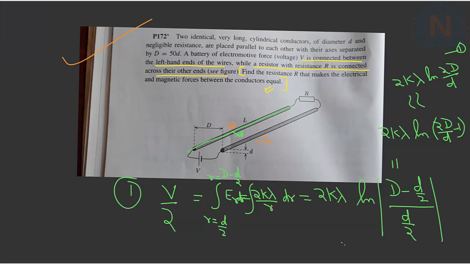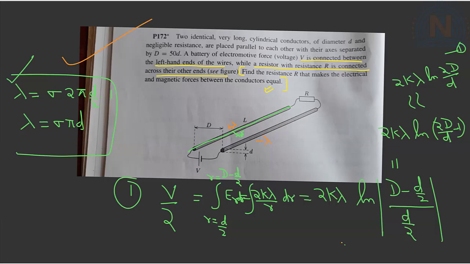2k lambda. If I start writing sigma, that will be what? Like if I want to write lambda term, that should be equal to sigma, the charge density that I would have taken, into 2 pi d by 2 into 1. So basically, I can write sigma pi small d as lambda. Matlab, if anybody is interested, he can definitely put sigma down. Right?